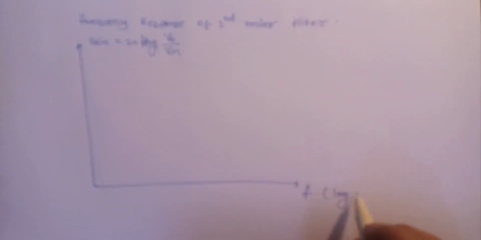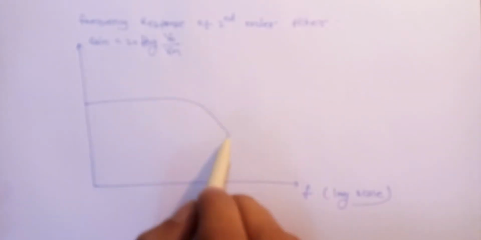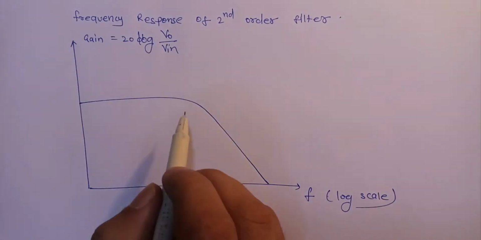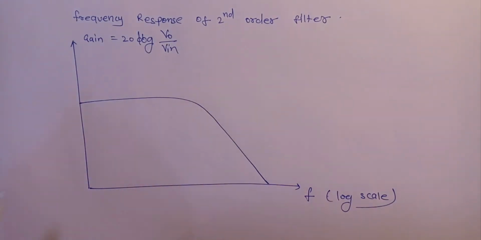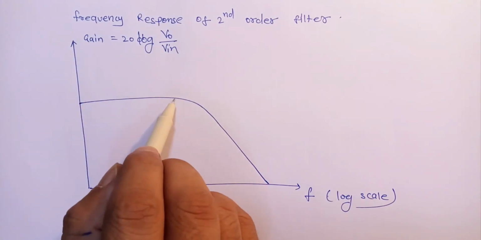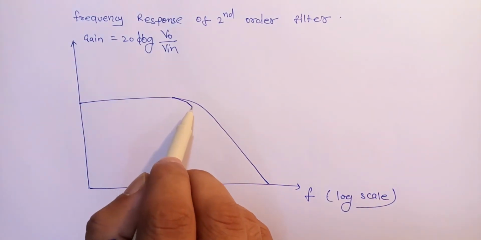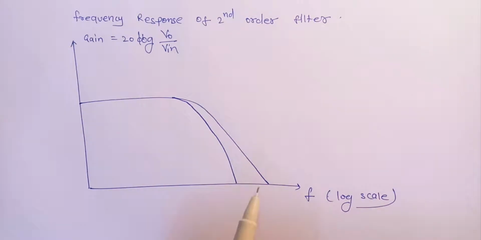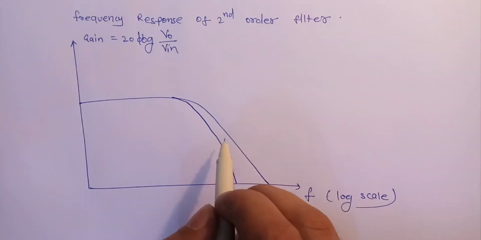This is frequency on a log scale, and this is the first order frequency response. For the second order frequency response, there will be a steeper attenuation.